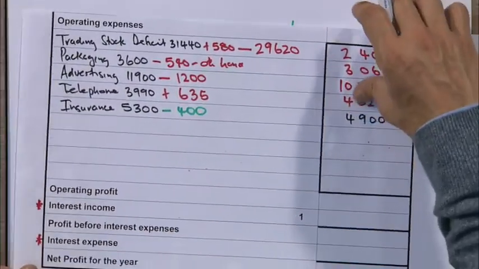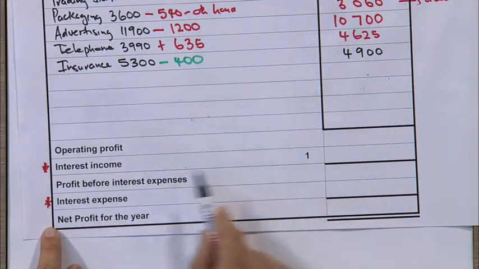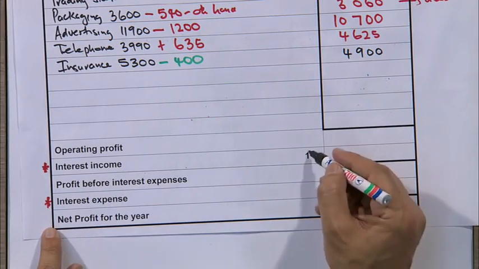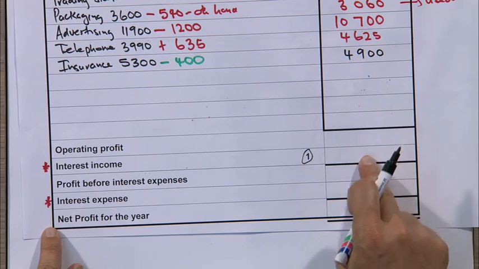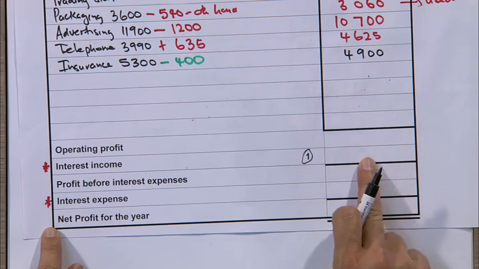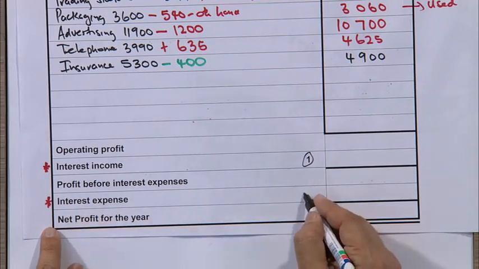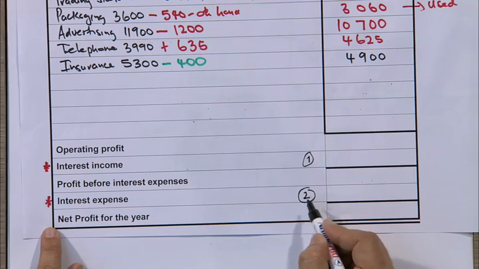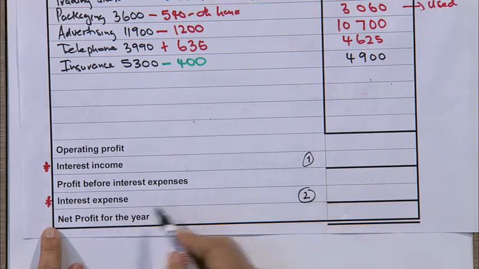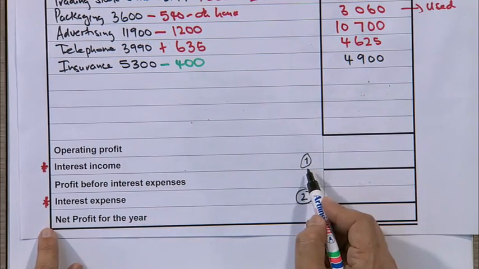There's a separate line at the bottom of your income statement for interest income, and that one denotes that we have to do note number 1, and we only take the final total into that particular place for note number 1. Right? Then obviously interest expense will be note number 2. But the interest expense note is not required in this exercise. We only have to do the interest income note.